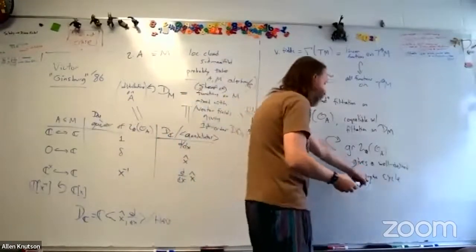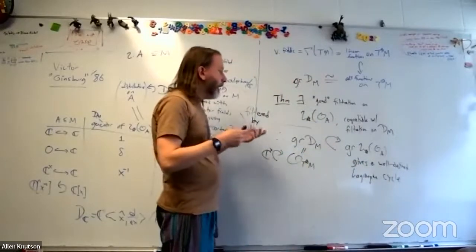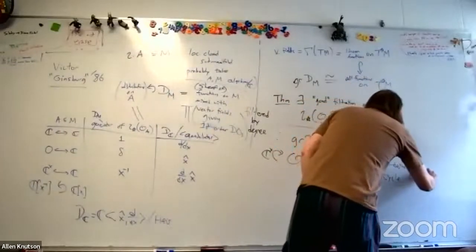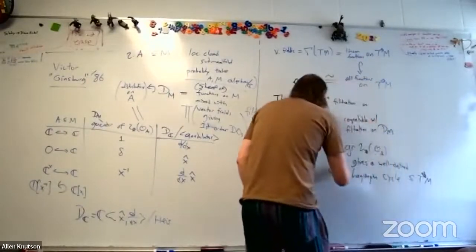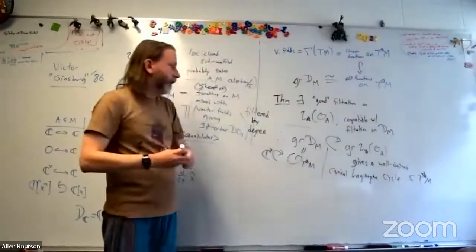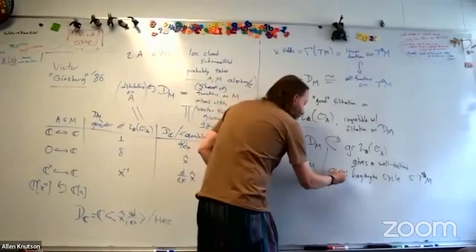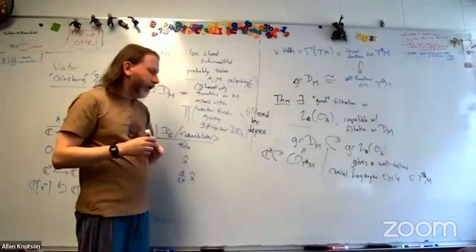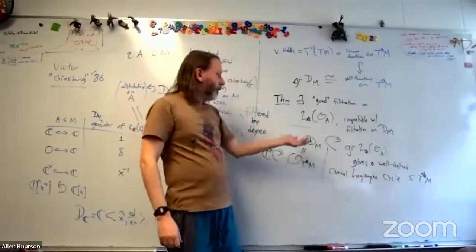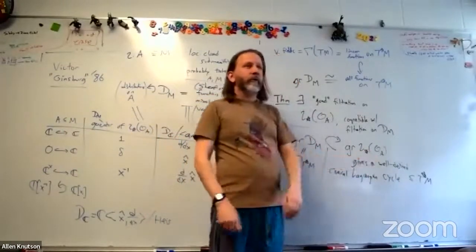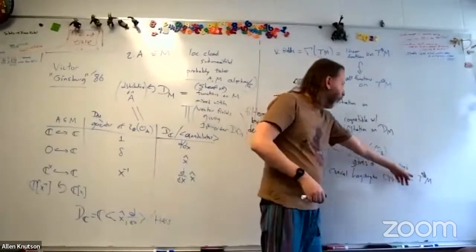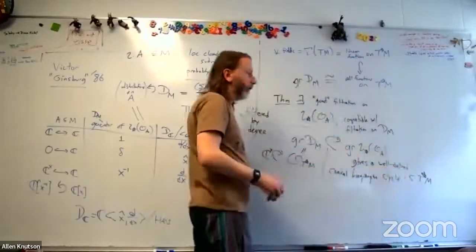And what it's going to get you here is that this Lagrangian will not be any old Lagrangian inside the cotangent bundle. It'll be what's called a conical Lagrangian, that it is invariant under dilation of the fibers. So that's very restrictive. You might feel like there should be a whole lot of Lagrangians, some infinite dimensional space of them, particularly Lagrangians inside the cotangent bundle, that's got twice the dimension of M. There should be a lot of options there.